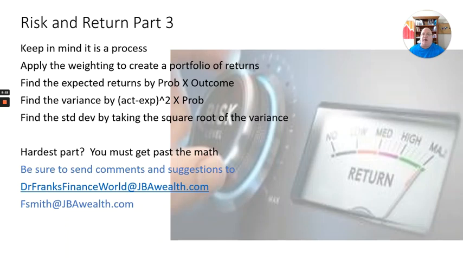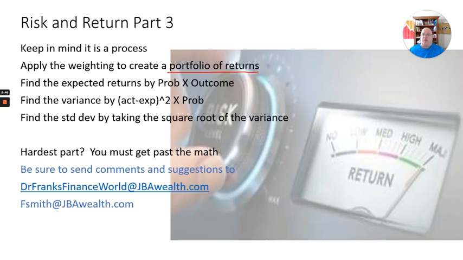So keep in mind that finance is a process. Many times I think it's a three-step process. Apply the weighting to create a portfolio of returns in these types of processes. Very important. Find the expected returns by the probability times the outcome, and then find the variance by the actual minus expected squared times its probability. Take the square root of the variance, you have the standard deviation.